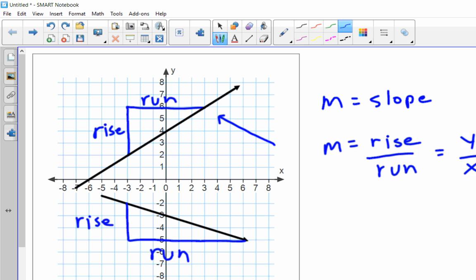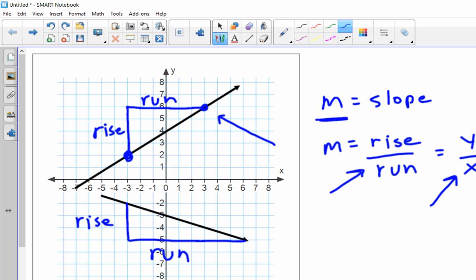And between any two points on the line, I can find the slope. That's going to be determined by the rise over the run, which is really the change in y, the rise, over the change in x, the run. Some old Greek guy came up with the letter M, or something that resembles the letter M, to stand for the word slope.